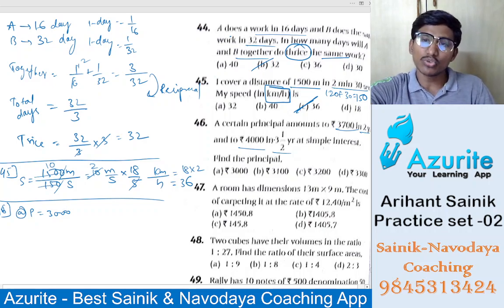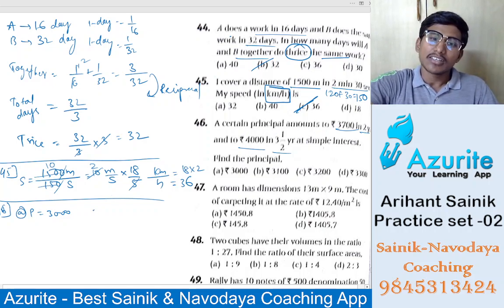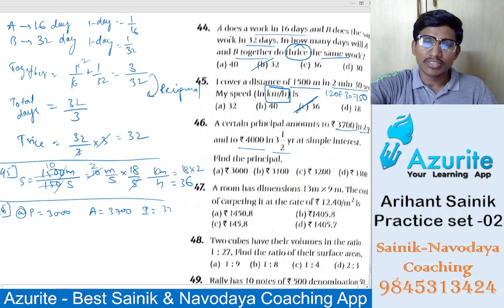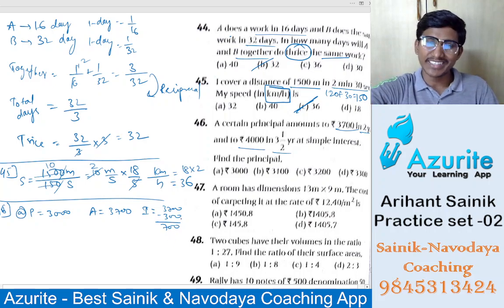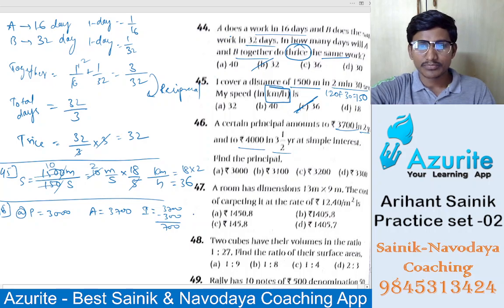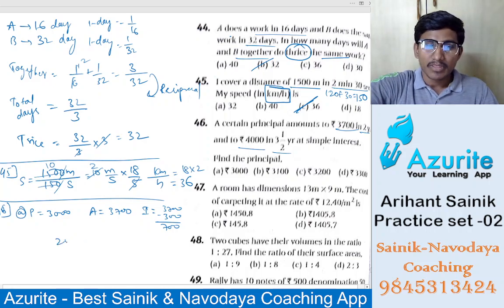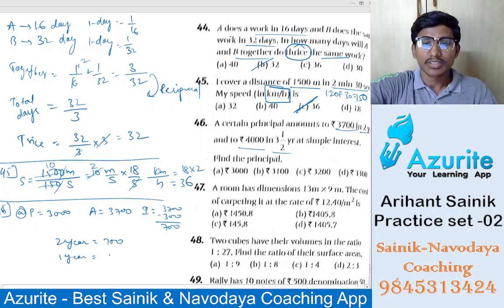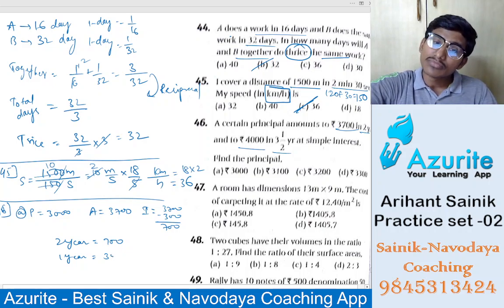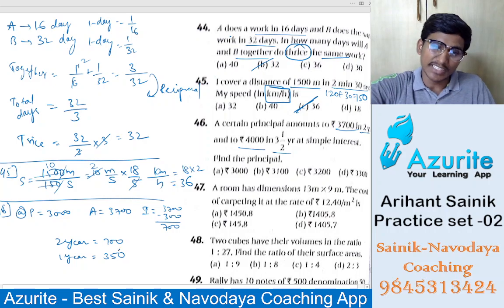Okay, they are telling amount. So the principal amounts to 3,700. Interest will be 3,700 minus 3,000, it is 700. 700 is for 2 years. 1 year will be 350, half, right?